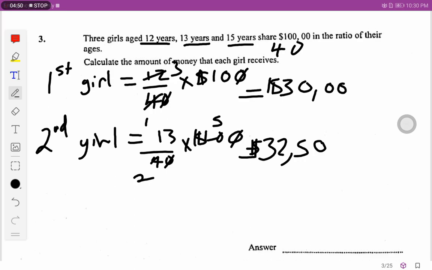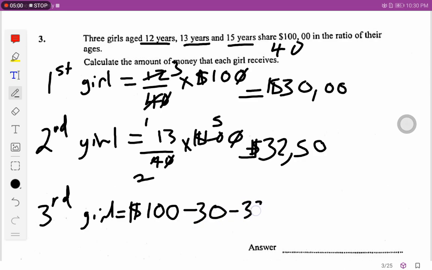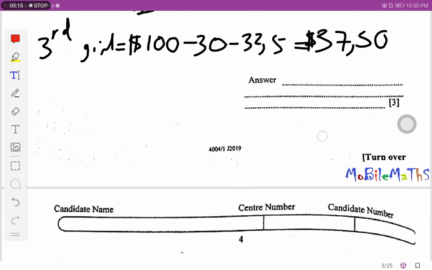So the last girl, the third girl, is going to get 100 minus 30 minus 32.5, and if we subtract correctly, she will get $37.50. Okay, so that's the ratio there. Let's move on to the next question.